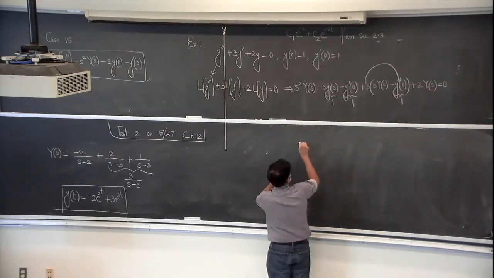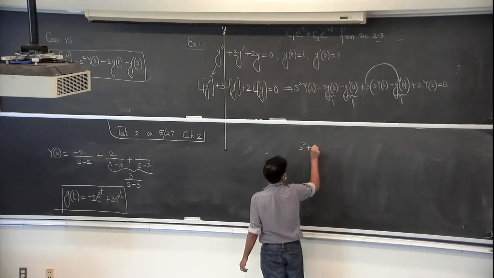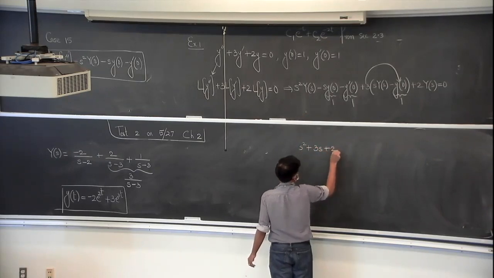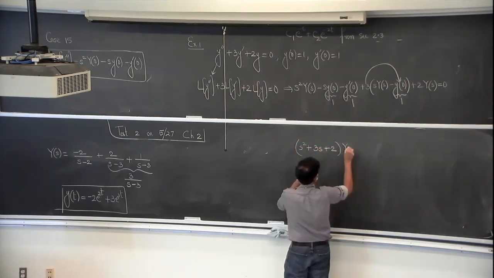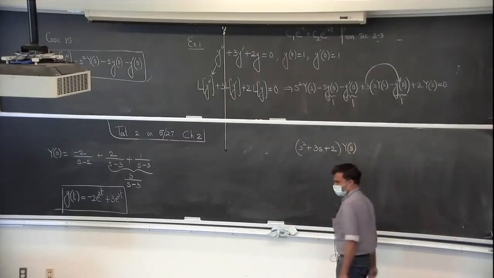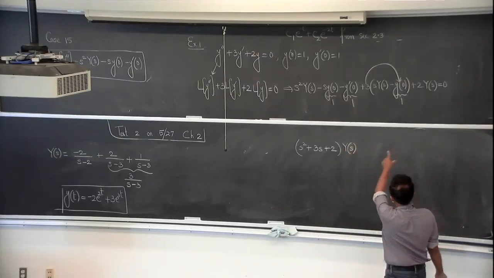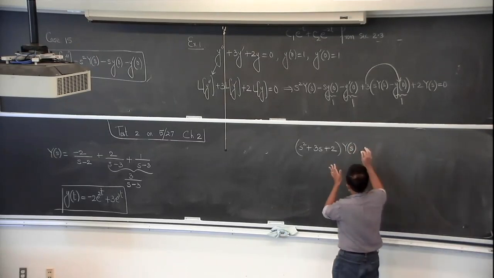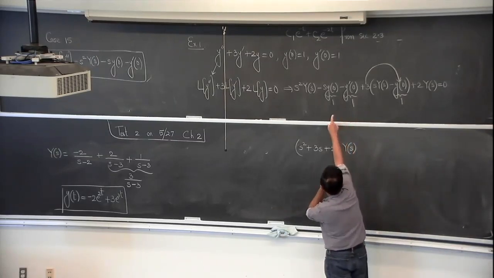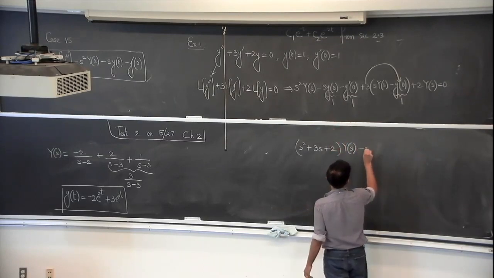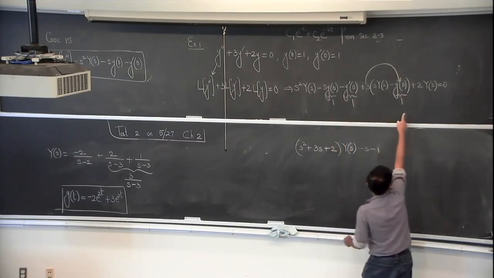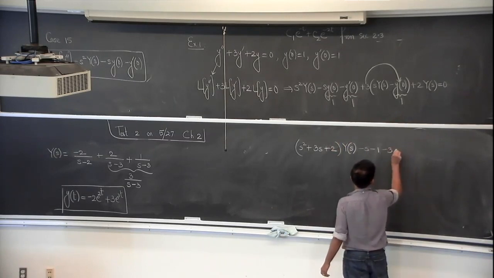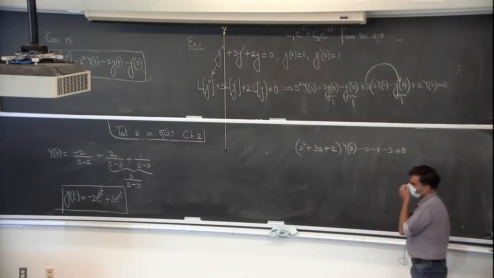So it's going to be s square plus 3s plus 2 times y of s. Those are the terms multiplying capital Y. The remaining terms, I'm going to take it slow here because I don't want to make mistakes. So it's minus s minus 1. Then you have a minus 3 equal to 0.